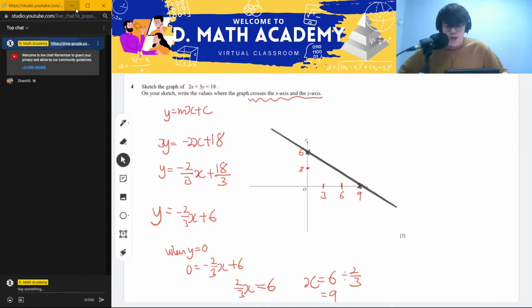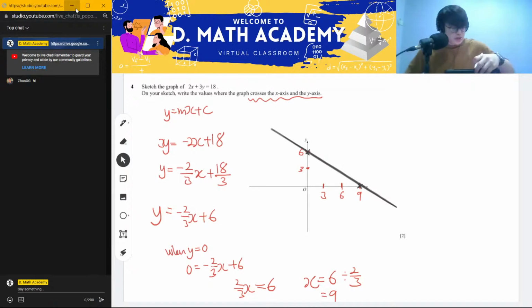So this will be it for section number 4, and then we will go on to the next one. In this type of question, do we need to label the graph with x and y values? Yes, because they specifically ask for where it crosses the x-axis and y-axis. They want you to label it. You must tell them that it crosses at 6 and 9.